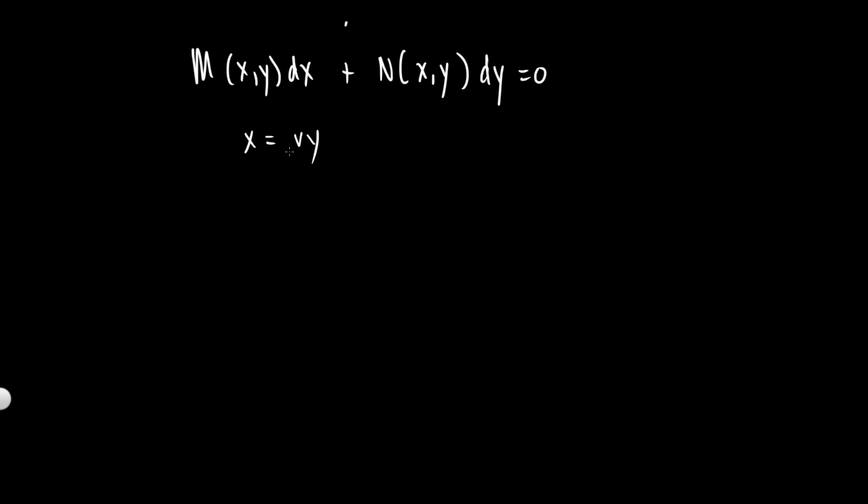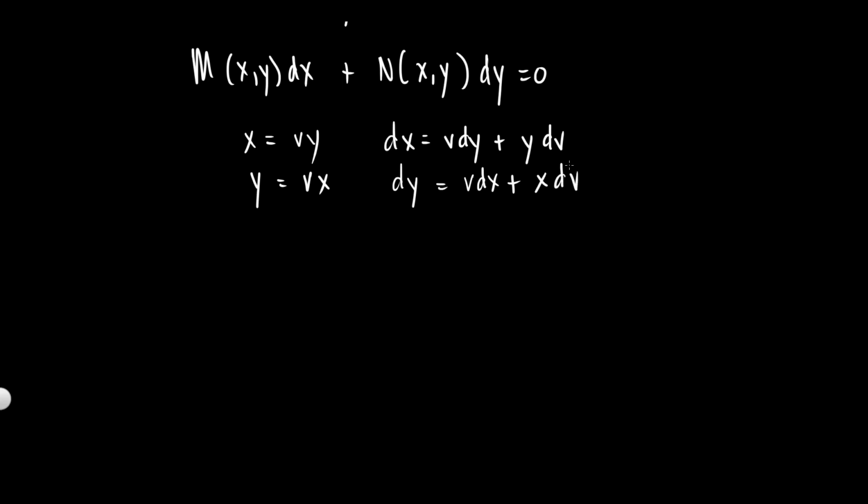Using product rule, differentiate, so dx equals v dy plus y dv. And if N is simpler than M, use y equals vx. Differentiate, so we have dy equals v dx plus x dv.